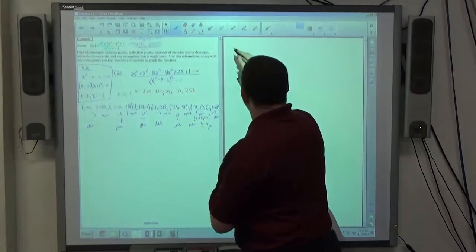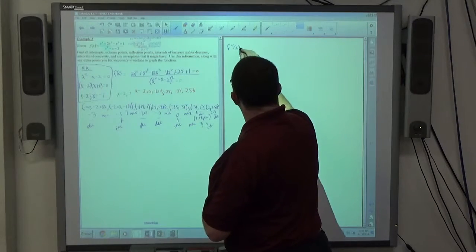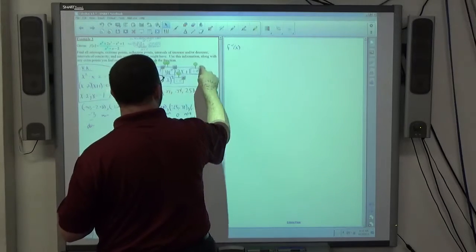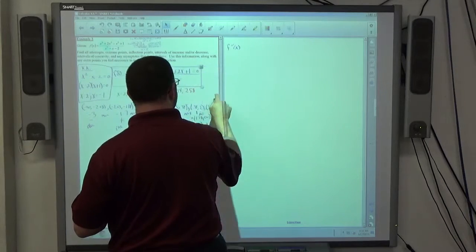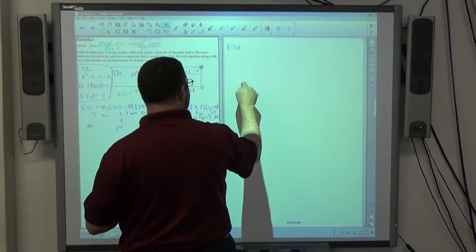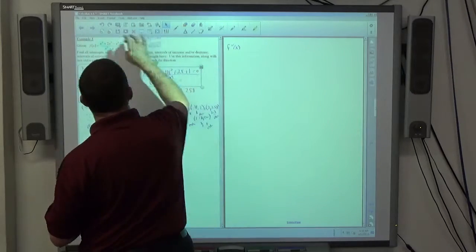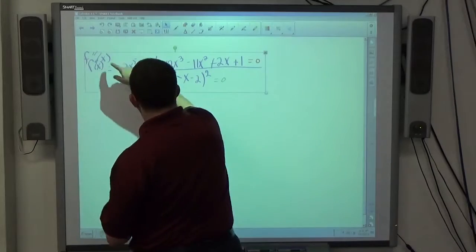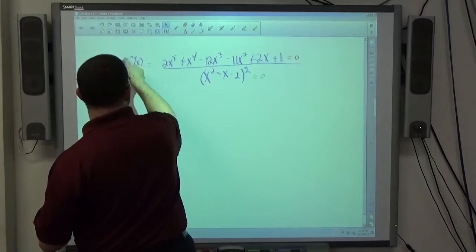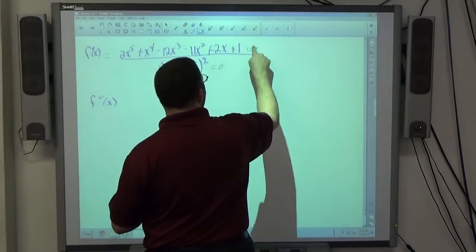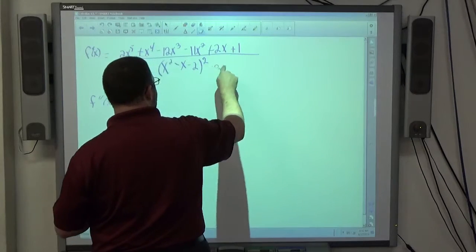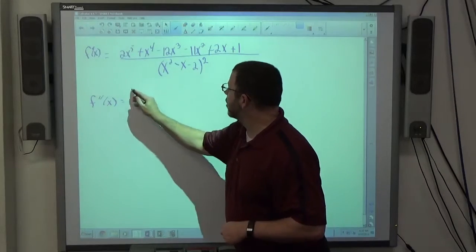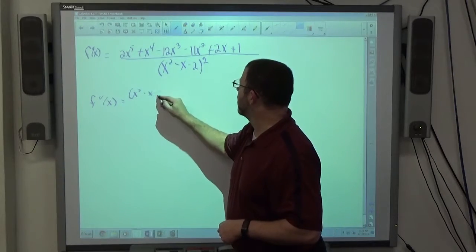If I do the second derivative, f double prime of x, let me just take this real quick. So there's my f prime of x. If I go f double prime of x, do low d high minus high d low over the square of what's below. Low is x squared minus x minus 2 squared.